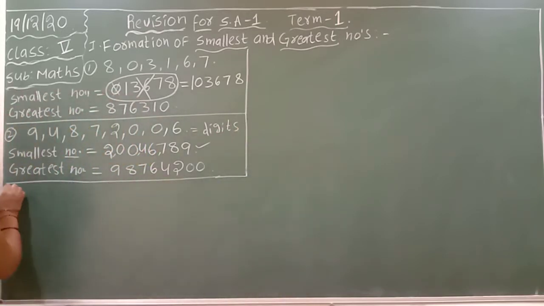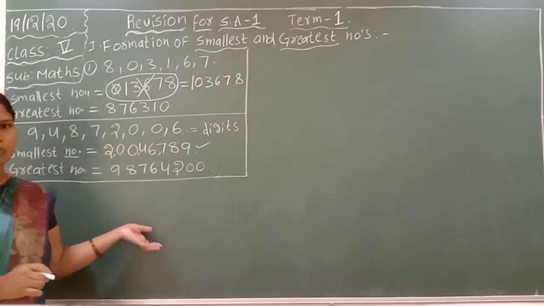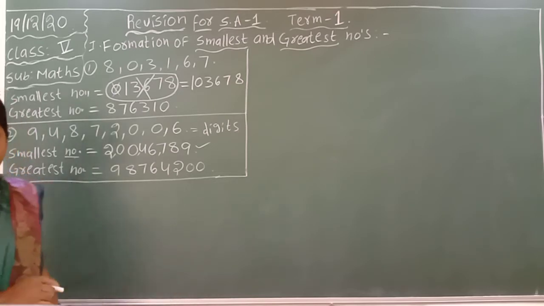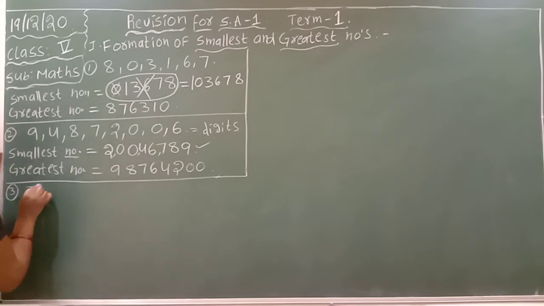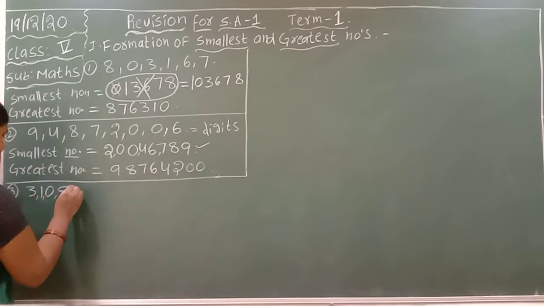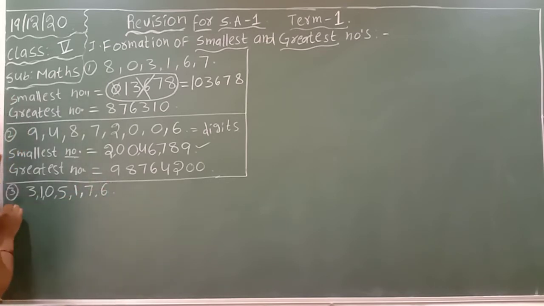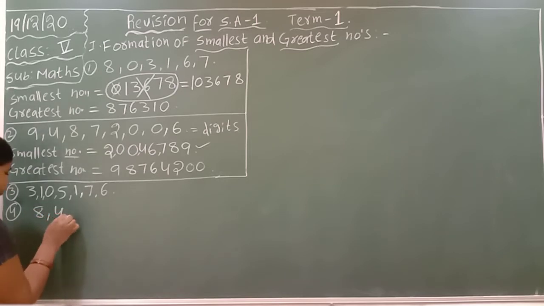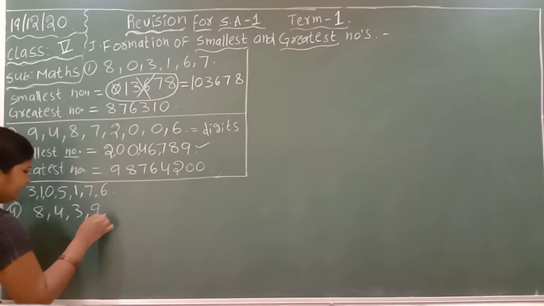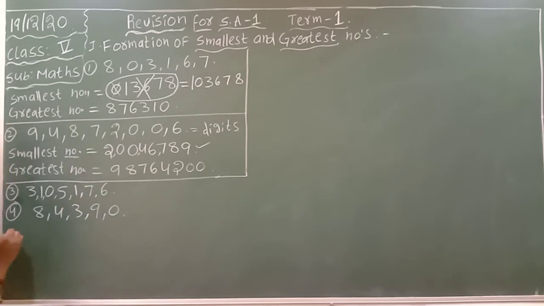This one is over. After this I am giving some hard questions. Using these digits, write down the smallest number and greatest number. Third: 3, 1, 0, 5, 1, 7, 6. Fourth one: 8, 4, 3, 9, 0.